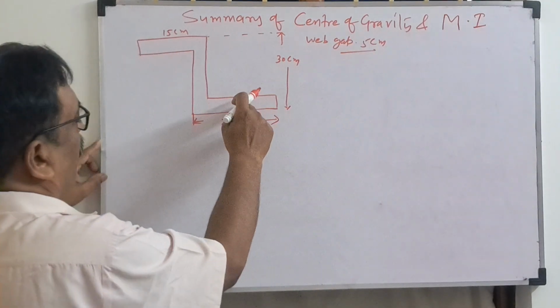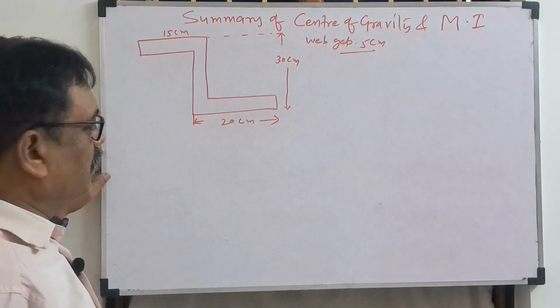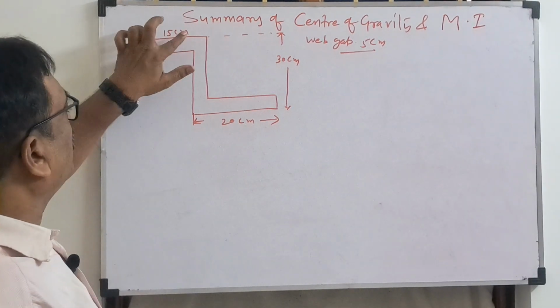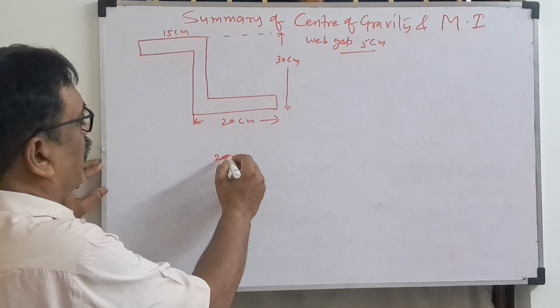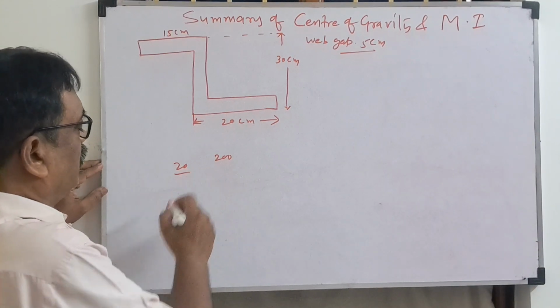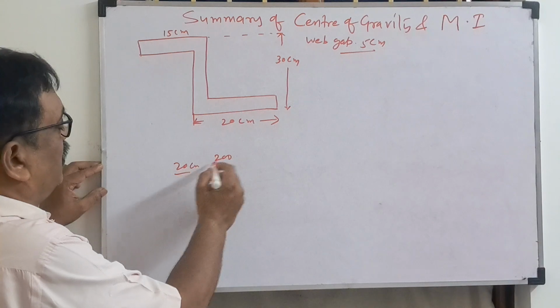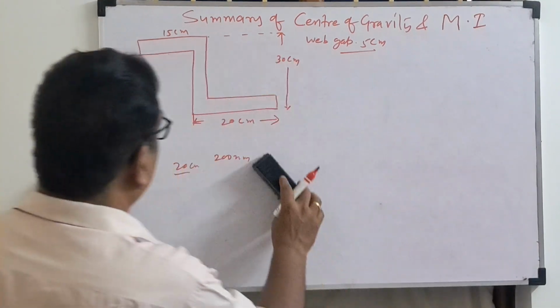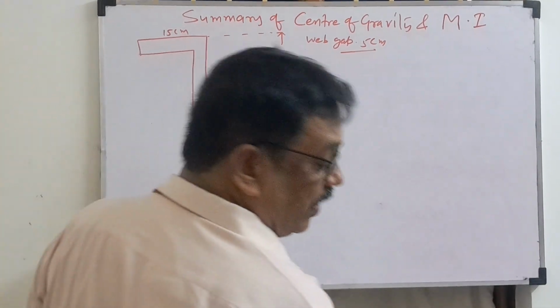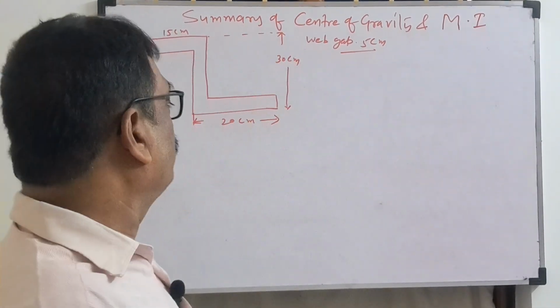Web gap means this gap thickness will be 5 centimeter. Sometimes you will see they do not give the unit. Suppose they give 20 or 200, or sometimes only 20. So 20 means centimeter, 200 means mm. You can assume like this yourself. Generally it will not happen, but sometimes it may.